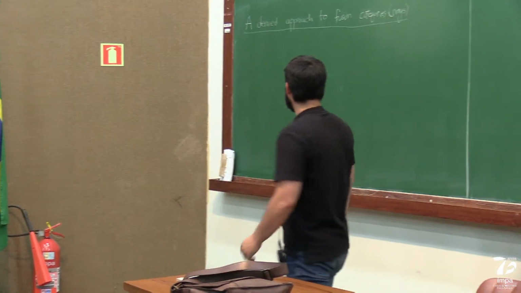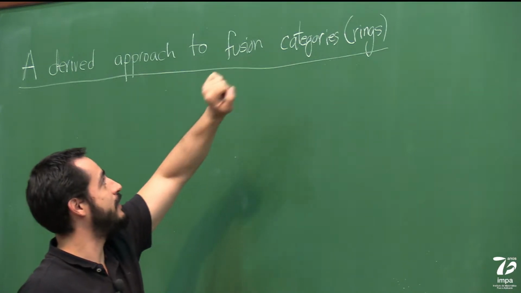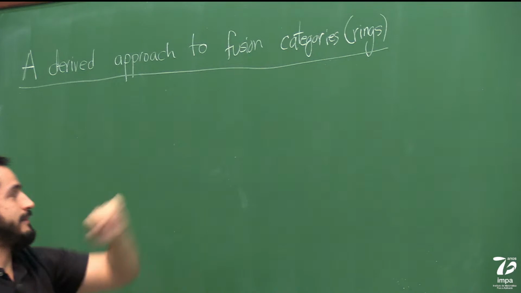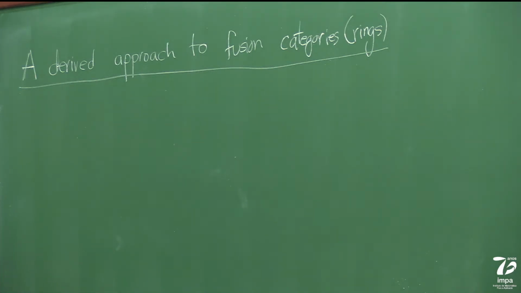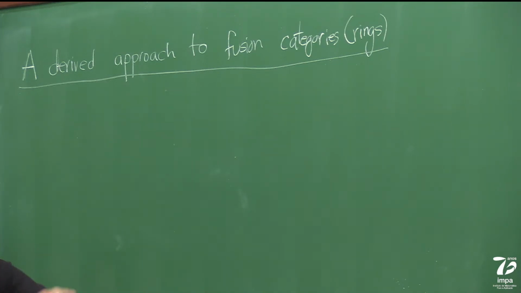Well, the idea is to talk about something called fusion categories, but maybe I will go more to fusion rings. And in the construction, I will show what that means. The idea is just another way to understand these objects using the right categories.